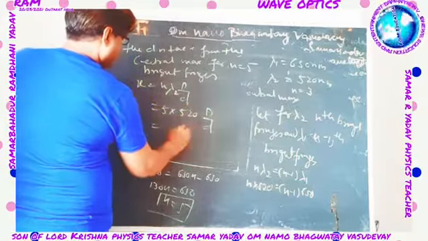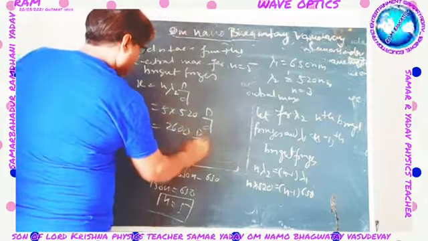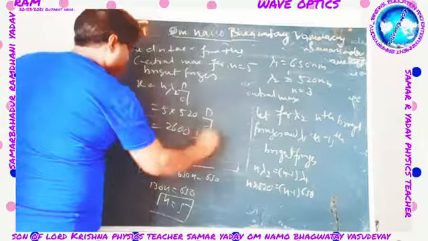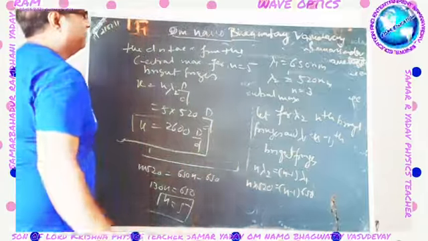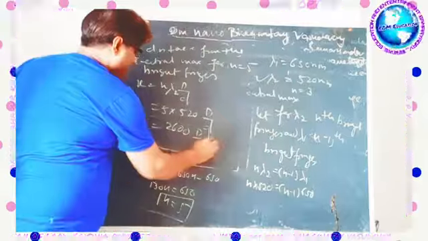Multiplying 5 into 52 gives 260, so 26 into 10 is 260 capital D upon small d. So this is the distance from the central maximum for the wavelength lambda 2, 520 nanometer, in nanometer.